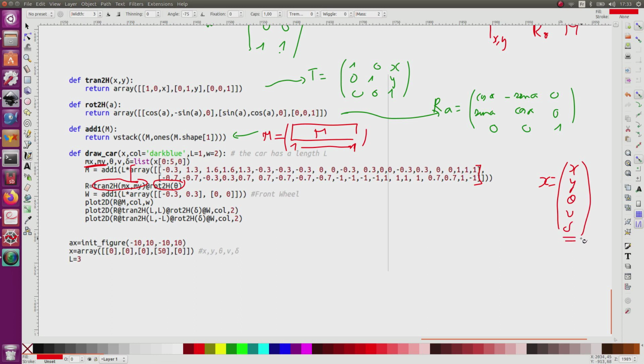All of this is put in a list, and to not make the confusion between this x and this x, it is called mx, my. So the list will be mx, my, theta, v, delta, which is what is done here. Then the rotation will be by theta, the heading, and the translation by mx, my.